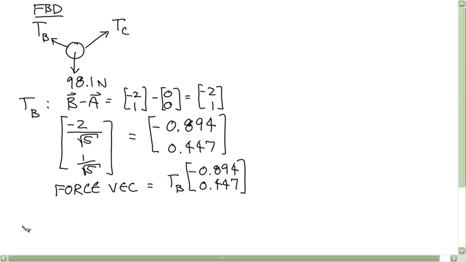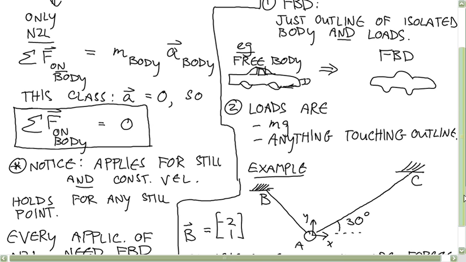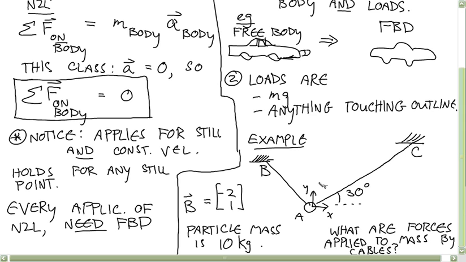And how about TC? I gave you that information in a little different form. So this time we're just going to use cosine and sine of 30. And that also is the unit vector. Whenever you do that trigonometry, what you're doing is coming up with a unit vector. You've done that a million times, and possibly you haven't thought of it that way. But that's exactly what you're doing.